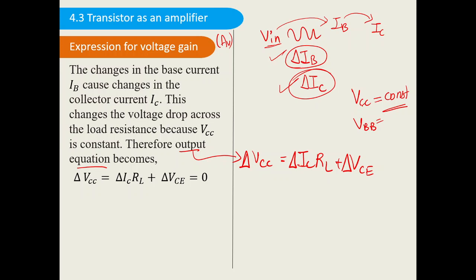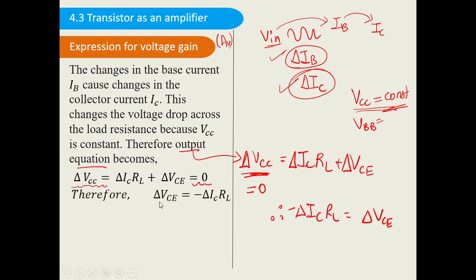But VCC is the constant part, so the changes in VCC are equal to zero. Therefore, I can write delta IC RL is equal to minus delta VCE, so delta VCE is equal to minus delta IC RL.